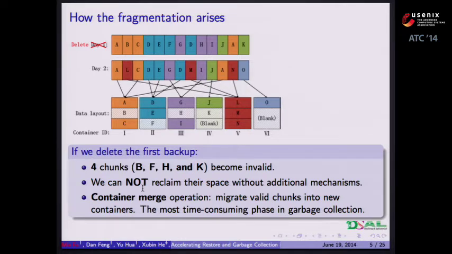We fail. We can use an additional container merge operation during garbage collection that migrates valid chunks into new containers. For example, during garbage collection, we can read containers 3 and 4 and copy chunks G, I, and J into a new container 7. However, this operation triggers a lot of IOs and becomes the most time-consuming phase in GC.